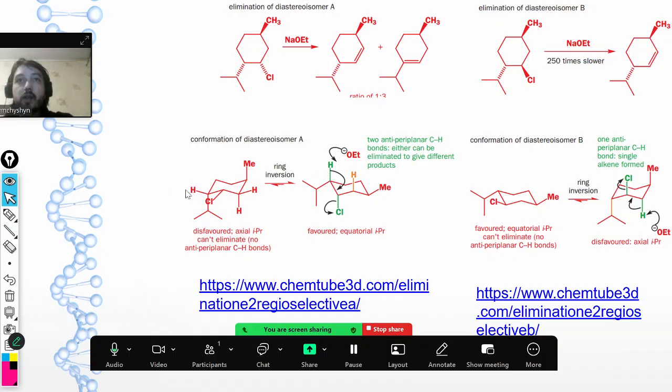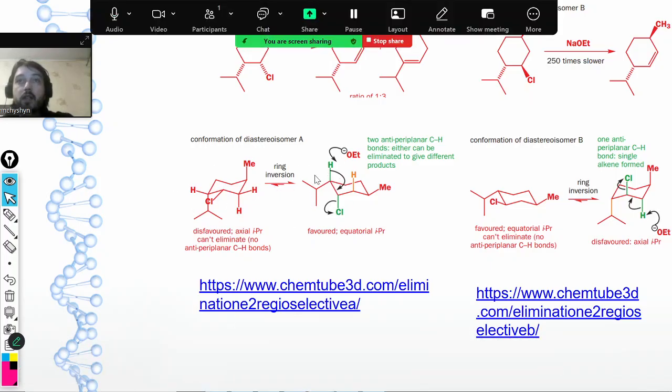And you see that in one of these cases, when we are performing this sort of elimination, here we have some additional group, this one, and this elimination is allowed only in these conformations. So the result we get will be locked in this position when the double bond is formed.